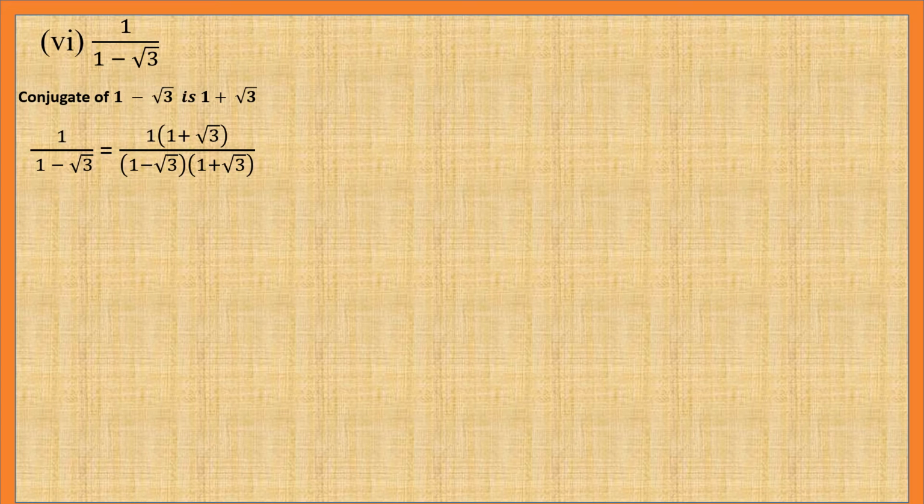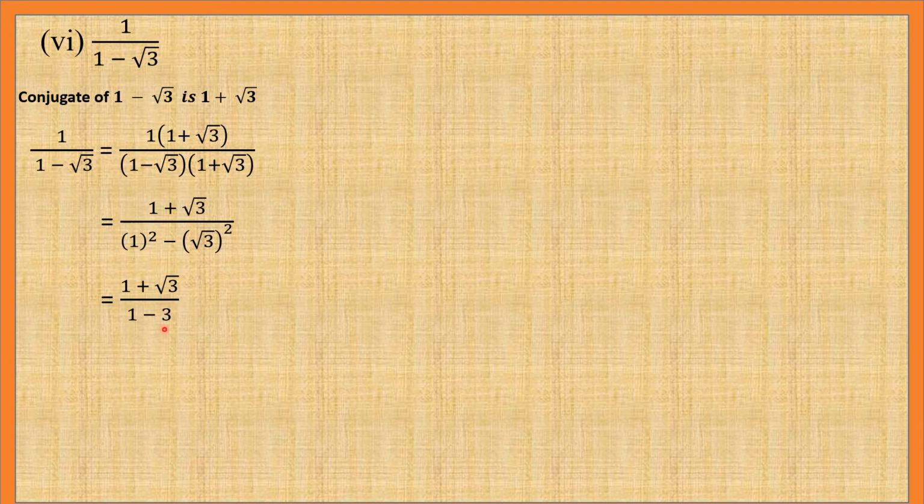First expand the top, so that you have 1 plus root of 3. Then the bottom, we use the difference of 2 squares. This will be 1 squared minus root of 3 squared. 1 squared still gives us 1, then root of 3 squared, the square will cancel the square root, leaving 3.